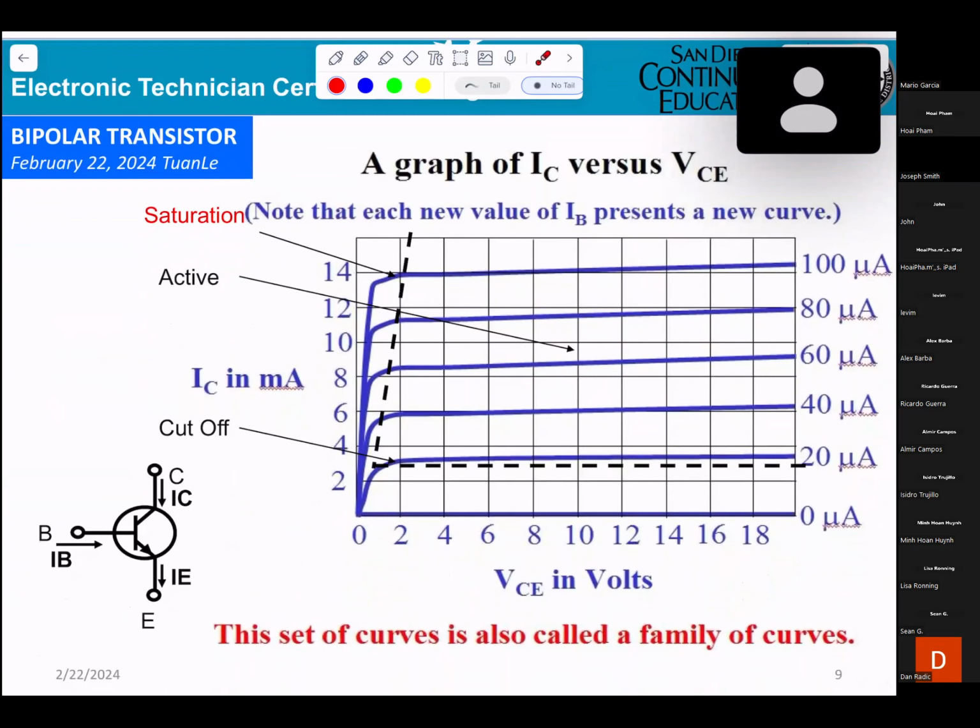Okay, now this is a graph of IC versus VCE. This axis stands for VCE, this one stands for current IC. And what is this here? If you're looking at the graph, that will be IB.